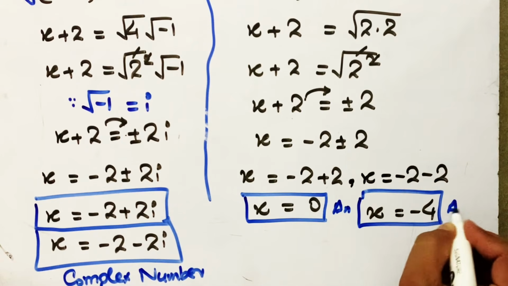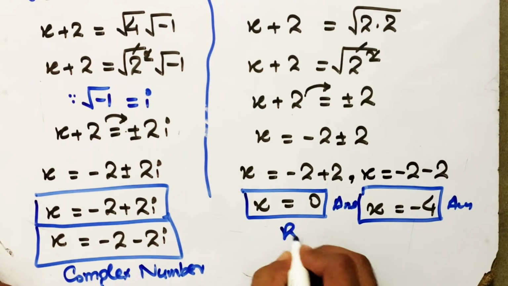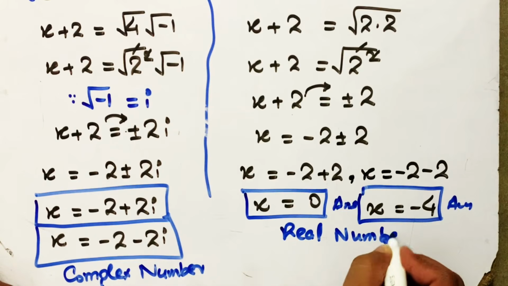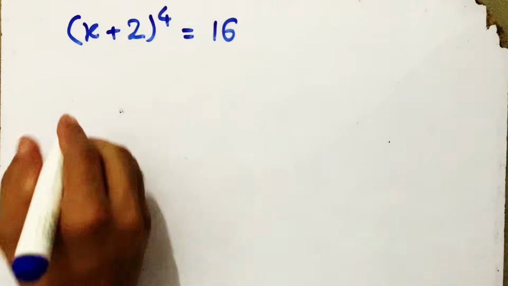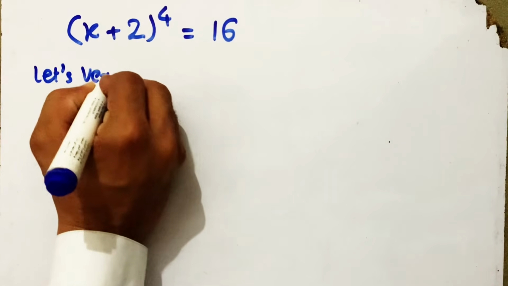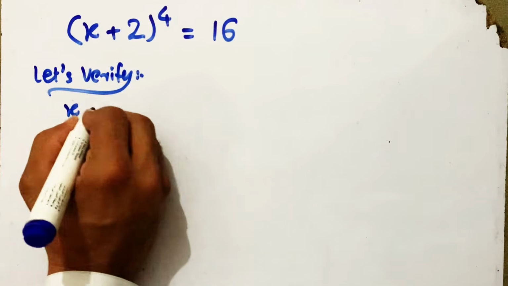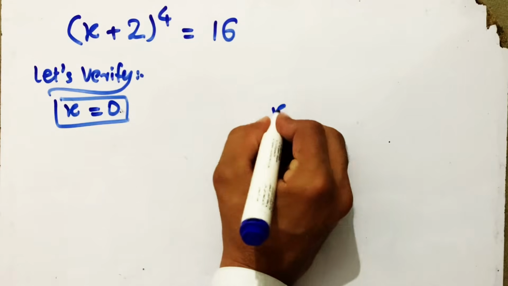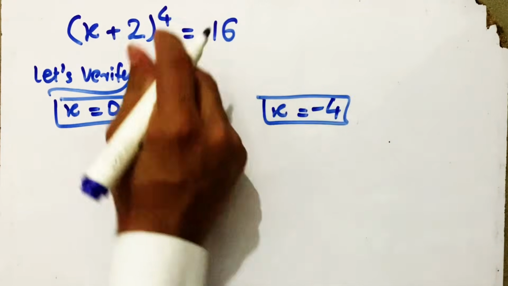These are the real number solutions. Now let's verify by putting them into the main equation. Put x = 0, or x = -4, in the above equation.